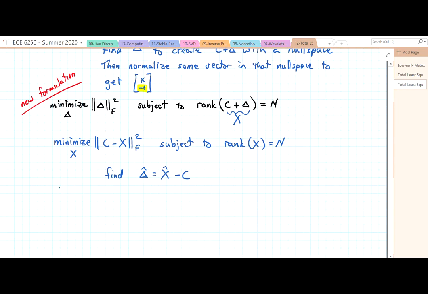So this is a low rank approximation problem. Because remember that C is of rank n+1.